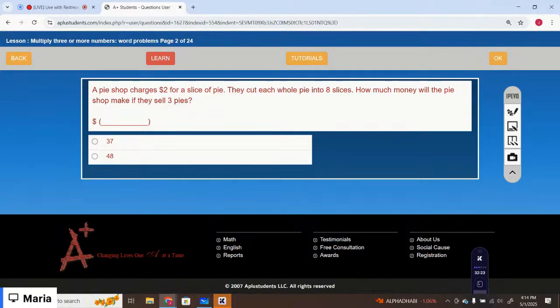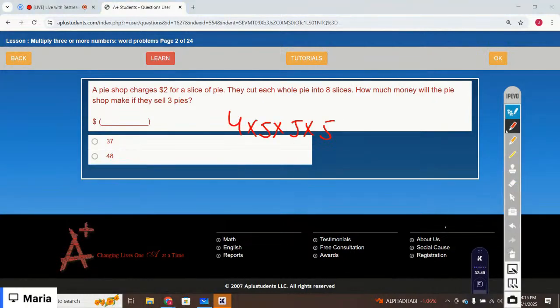A pie shop charges $2 for a slice of pie. They cut each whole pie into eight small slices. How much money will the pie shop make if they sell three pies? Okay, so that is $2 for a slice of pie. They cut each whole pie into eight slices. How much will the pie shop make if they sell three pies?